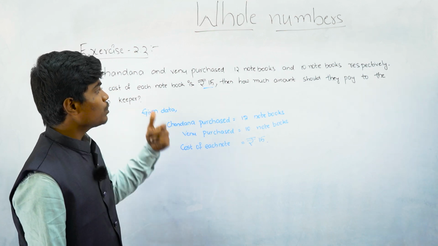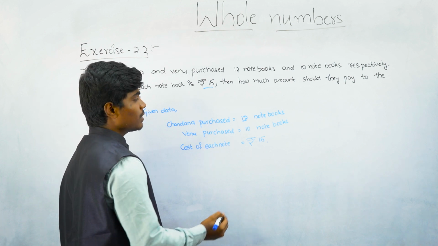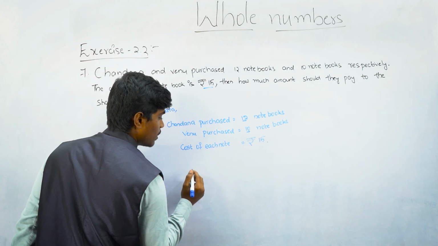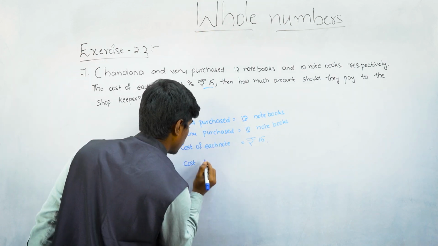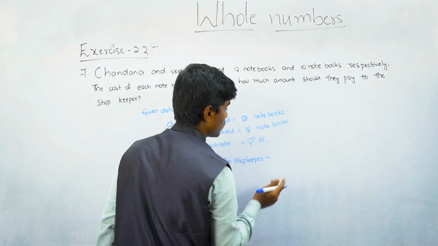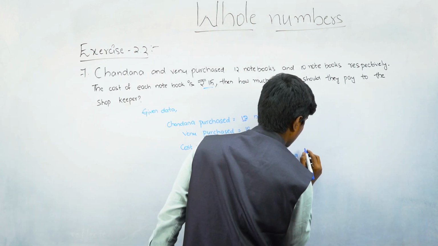They should pay the cost of the 12 notebooks and the cost of the 10 notebooks. So the cost to be paid to the shopkeeper equals Chandana's notebooks cost plus Venu's notebooks cost.